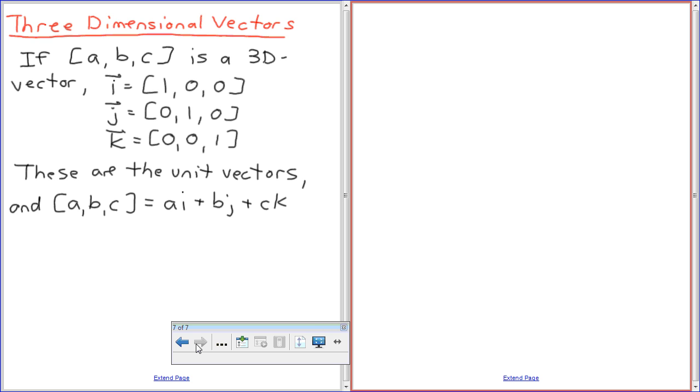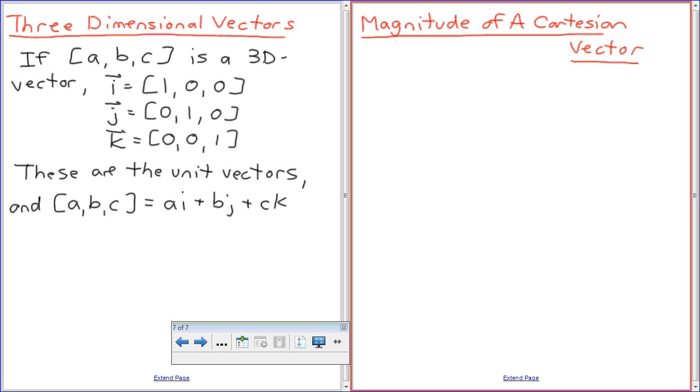Here we go. The magnitude of a Cartesian vector. I'm not going to prove this for you, I'm just going to give it to you. So if U is equal to ABC, the magnitude of U is equal to the square root of A squared plus B squared plus C squared.